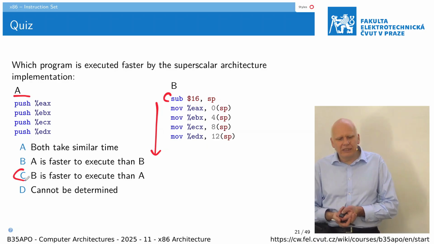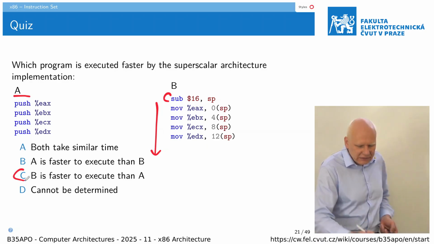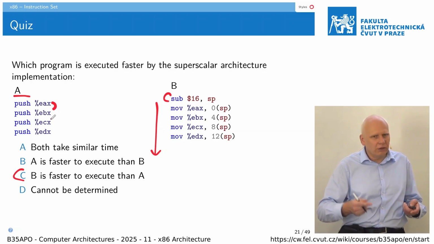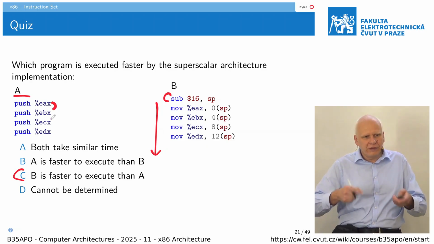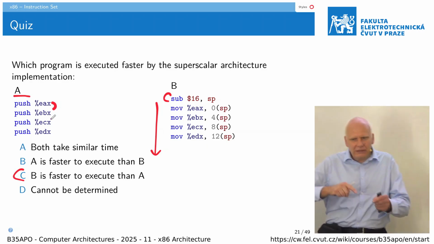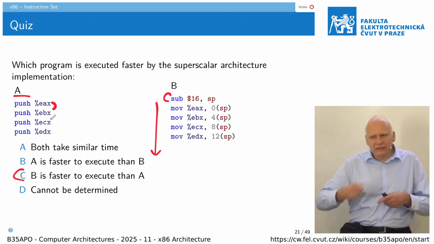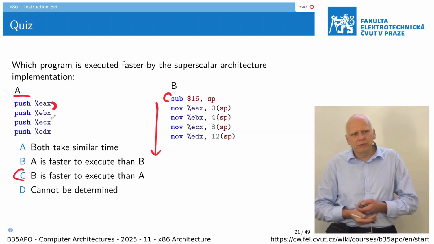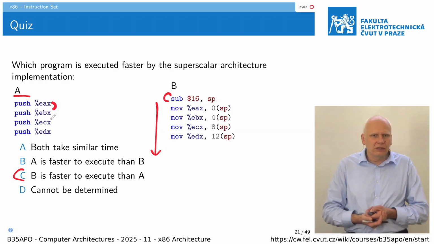B is faster because in this case, all those instructions are interdependent. The modification of the stack pointer is a dependency for the next instruction. So the instruction scheduler needs to wait till the previous instruction has modified the stack pointer and so on.